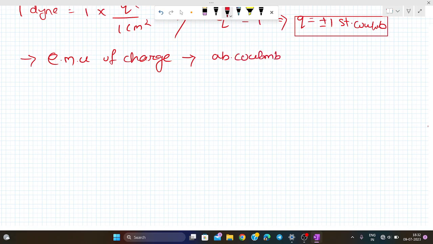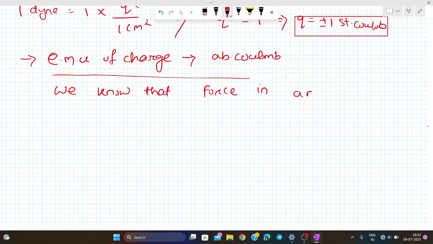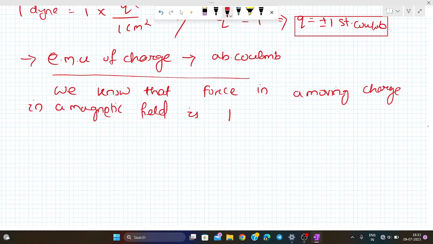How we defined it? Similarly, we know that force in a moving charge in a magnetic field is F is equal to QVB sin theta or Q V cross B, isn't it?